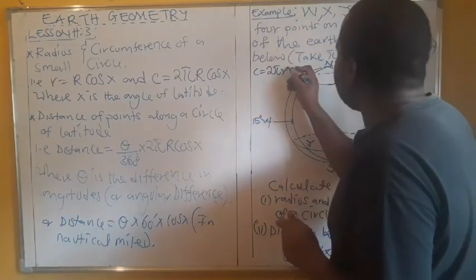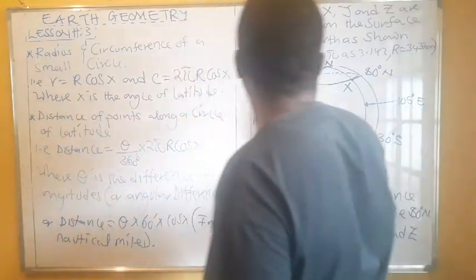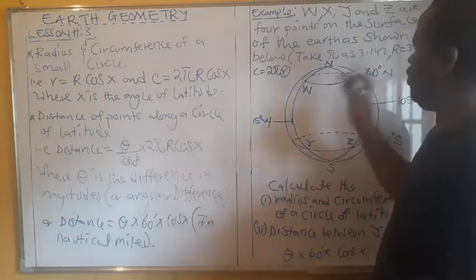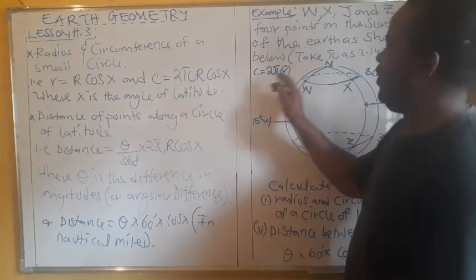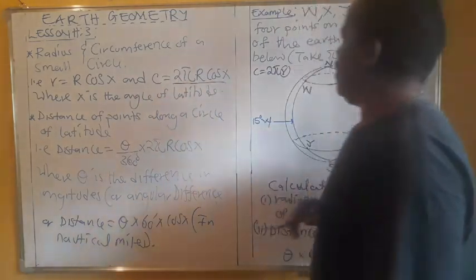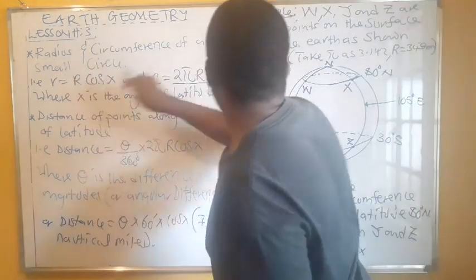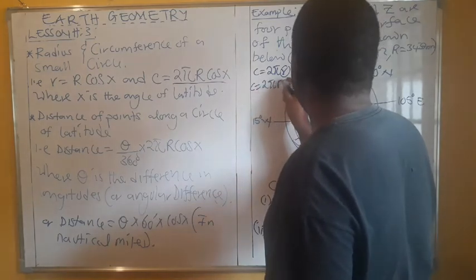Because we know that this radius is this, from here we can find the formula for the circumference of a small circle. When you substitute, this is replaced by that, and we have got this formula. So this one is the formula for the circumference of a small circle.